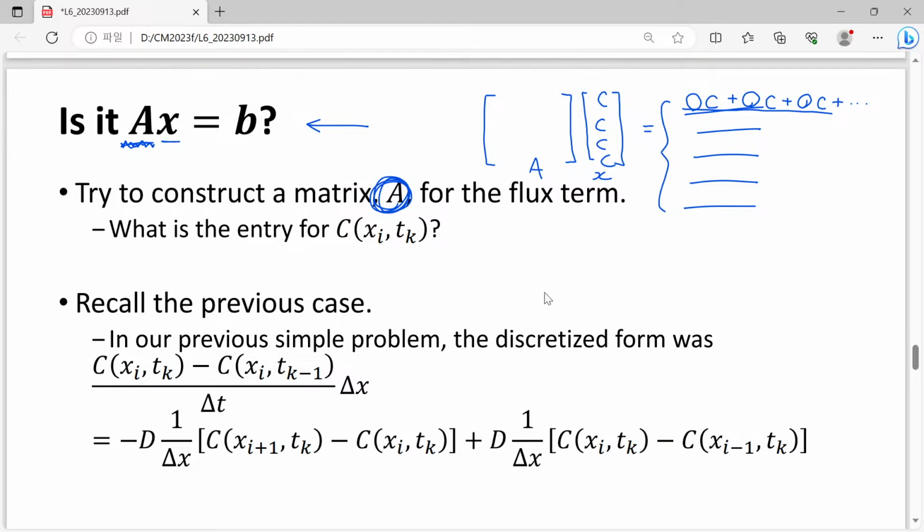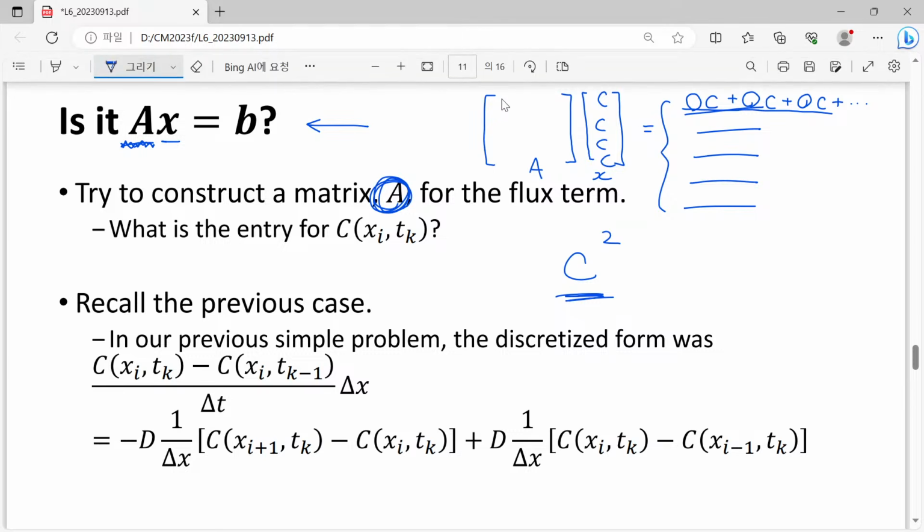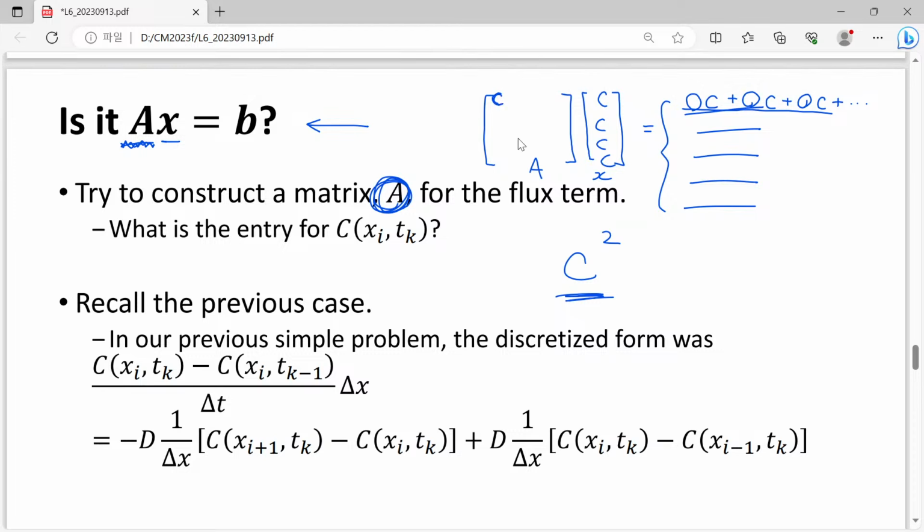Can you generate, for example, this squared c term out of this Ax multiplication? Of course, if you want to do that, you can insert c here, but this is really against our philosophy. We are not doing this kind of thing.